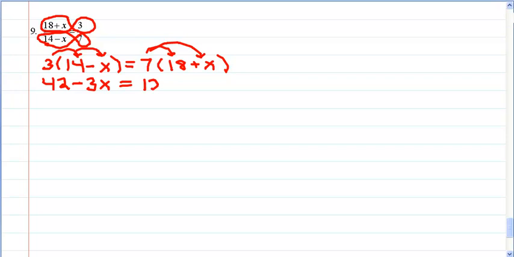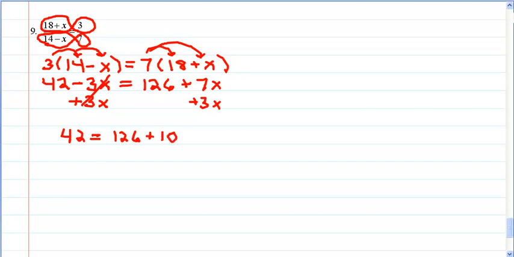7 times 18 is 126. So now my equation has 42 minus 3x equals 126 plus 7x. I'm going to start by combining the x's, and I'm going to move the 3x over to the right. 42 equals 126 plus 10x.